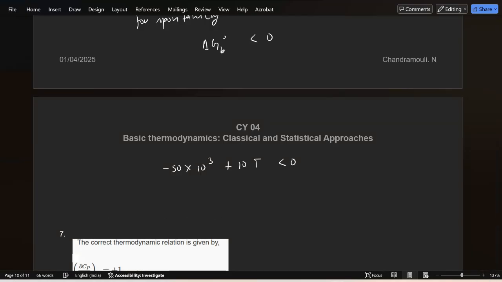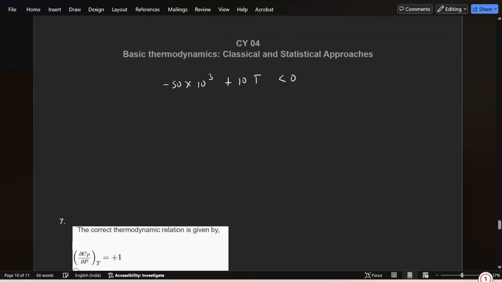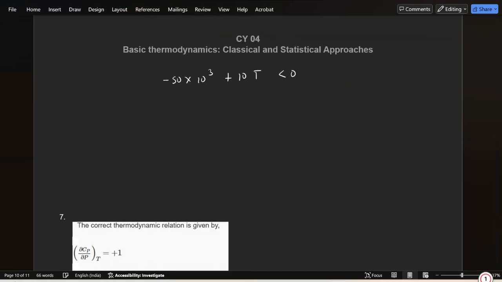So I'm substituting: minus 50 into 10 power 3 plus 10T is less than 0. We add this on both sides: 10T is less than or equal to 50 into 10 power 3.